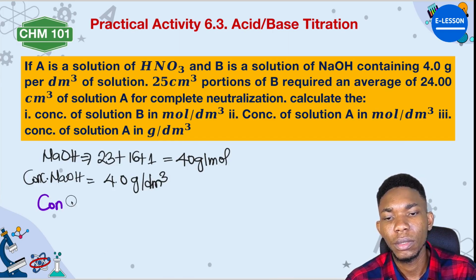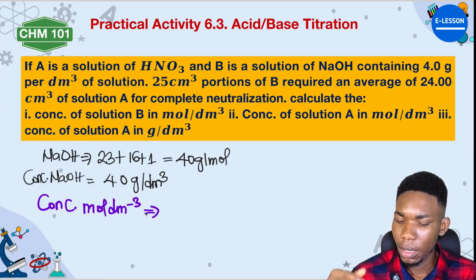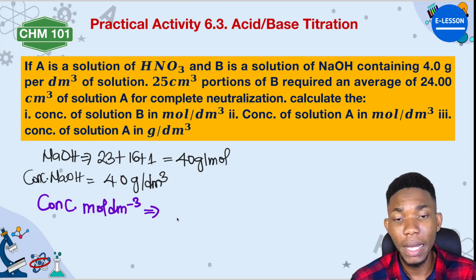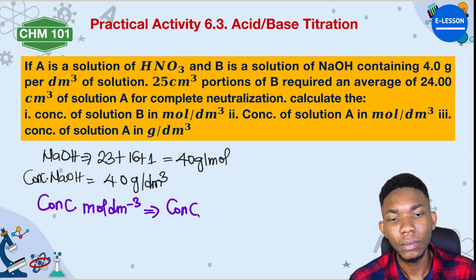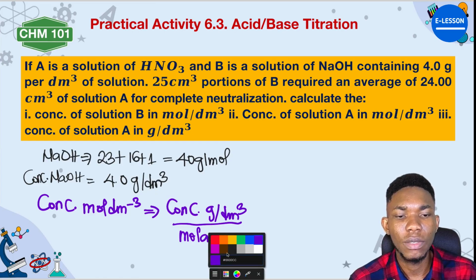Concentration in mole per dm cube is equals to the concentration in gram per dm cube divided by the molar mass. Take note of this formula.